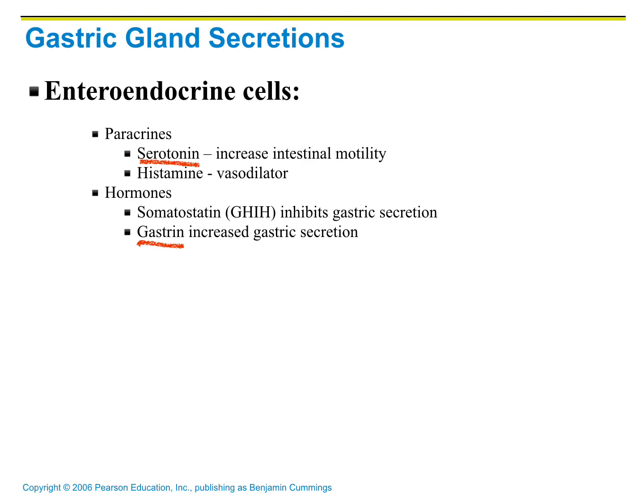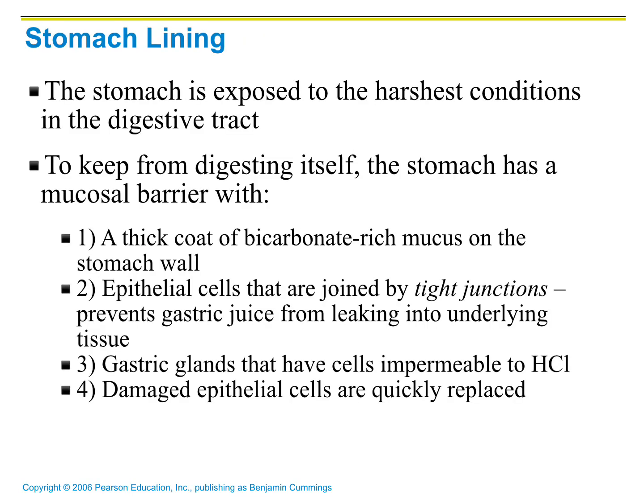Don't get confused when we get to the small intestines. The enteroendocrine cells in the small intestines are different ones, and they produce different hormones. This slide talks about the different specializations. Now, we covered one of them. We said that the lining of the stomach produces this bicarbonate-rich mucus, an alkaline mucus that helps protect the stomach.